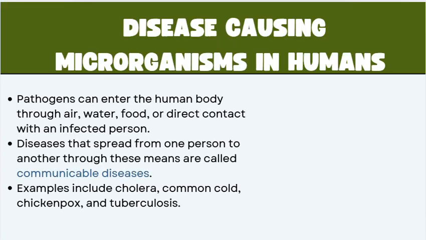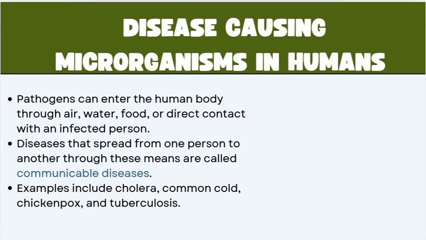Disease causing microorganisms in humans. How do pathogens, which are harmful, disease causing microorganisms, enter the body? They enter the body through air, water, food, or even direct contact with an infected person.